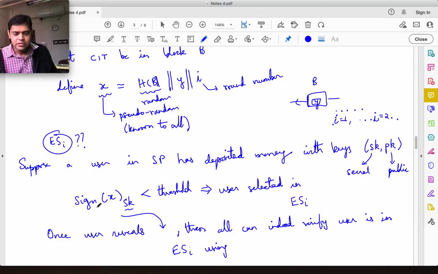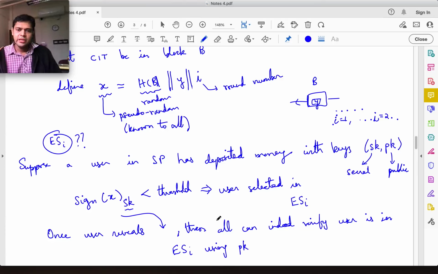Well, suppose the user says that here is my signature for X. Everybody knows what X is. All they have to do is verify that this is indeed a correct signature using this public key.